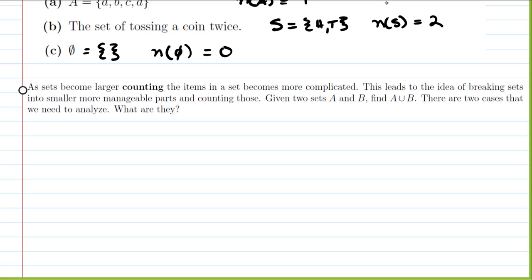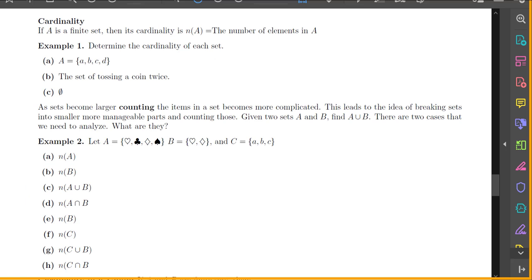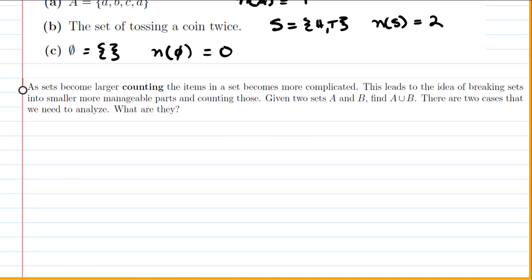So given two sets A and B, find A union B. There are two cases that we need to analyze. What are they? If we want to talk about counting the elements of a set, what are the two possibilities that we could run into? Well, the two possibilities are A intersect B is the empty set, or A intersect B is non-empty.